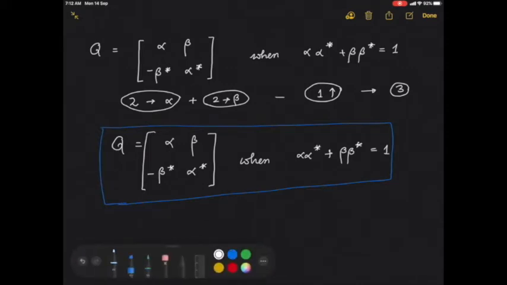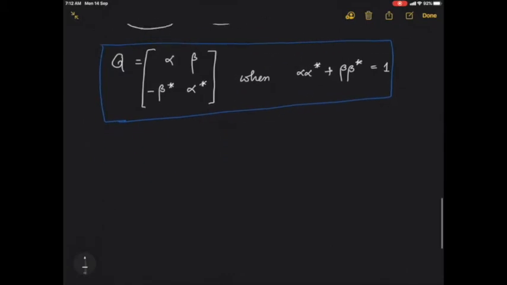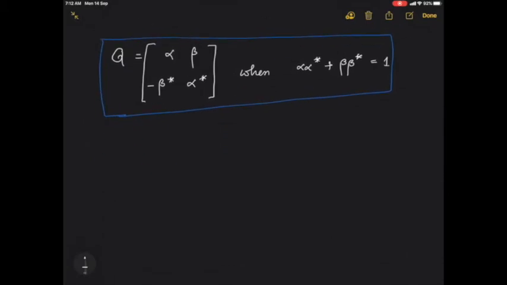The next thing we would like to see is how to use this to represent rotation. Because it is a complex 2 cross 2 matrix, we need to be a little more ingenious. Remember that for rotation, I have 3 components, x, y, and z.